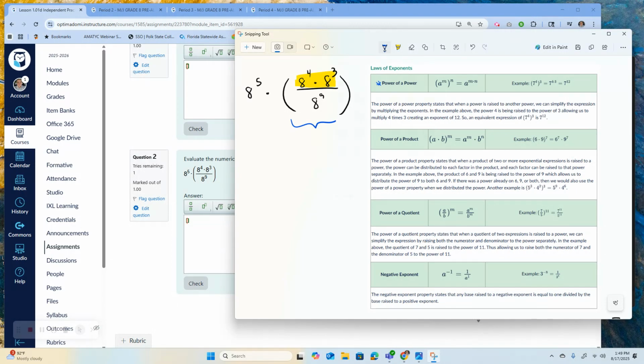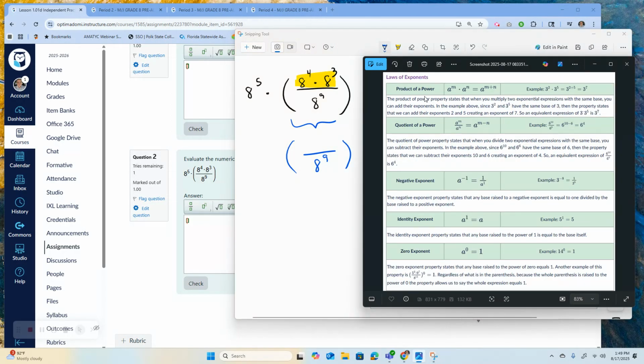Okay. So I'm going to keep the parentheses. I'm going to keep the fraction bar. I'm going to keep the 8 to the 9th power. But what I really want to do now is to get rid of that repeated 8 that I have on the top of the fraction bar. And those 8s are multiplying. So that means that I'm going to be applying this rule, the product rule.